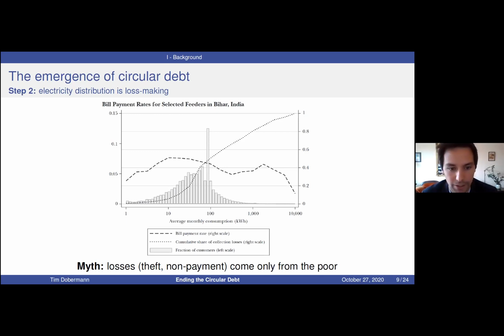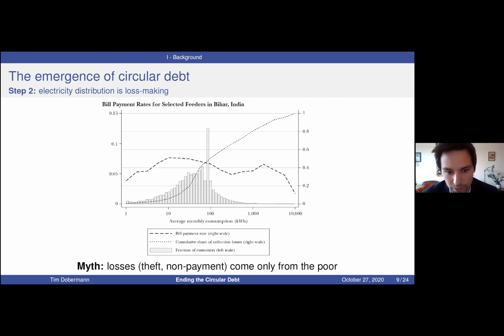The idea is that losses certainly do not only come from the poor. Often there's a sense that theft and non-payment is conflated with the ability to pay. I think that's certainly a challenge and something which must be kept in mind when setting tariffs. But it is not the case that everyone who is able to pay does pay.